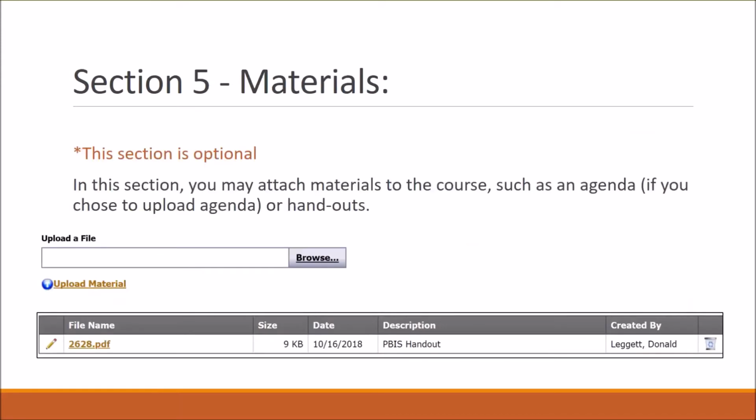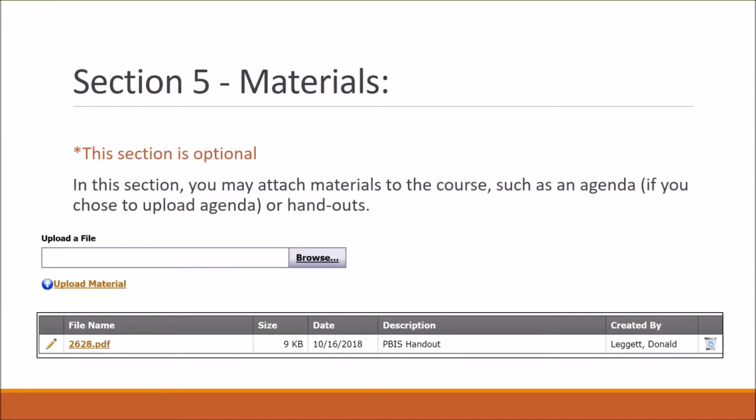Tab 5, or Section 5, is the area where you can upload your materials, and there is no limit on the number of uploads you can have. This gives the participant the ability to click on whatever document is attached, and it remains in their My Records forever.